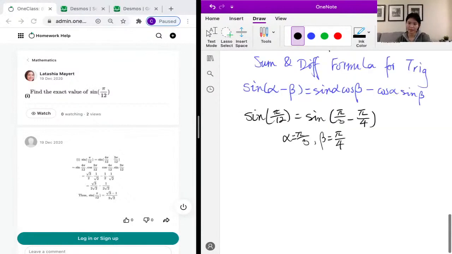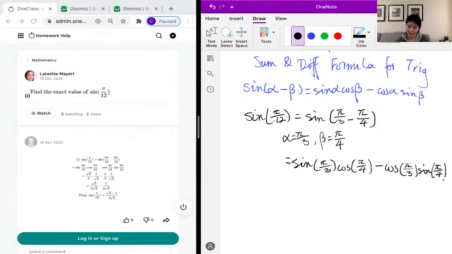Then sine of pi over 12 is equal to sine of pi over 3 cos of pi over 4 minus cos of pi over 3 sine of pi over 4. Alright, this is our formula.